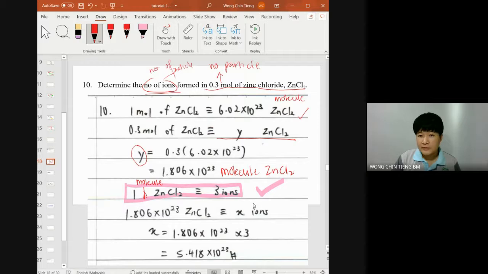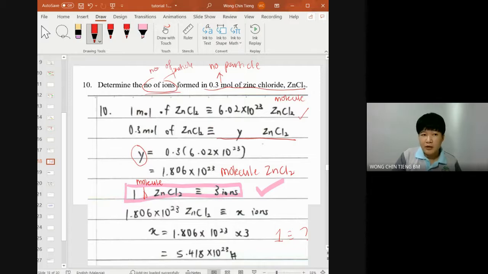A lot better. Okay? Like I always say, saya tak nak orang compare satu dengan apa. So, write very carefully is 1 gram, 1 mole, 1 molecule, 1 atom, 1 ion, or 1 what. Okay? So, everything will be a lot better when Banjin start to write 1 molecule of ZnCl2 will give 3 ion. 3 ion betul.